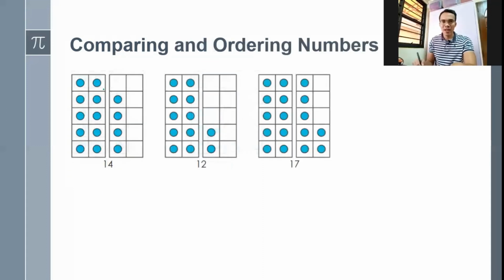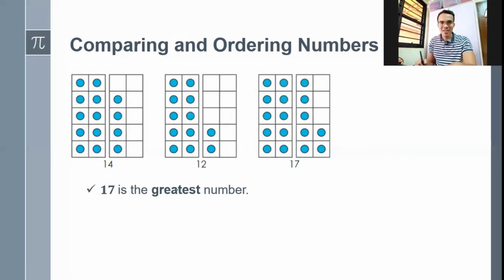And let's have our last example. We have numbers 14, 12, and 17. We can look at the counters in the 10 frame to compare these 3 numbers. Which do you think is the greatest number? If your answer is 17, you are correct. 17 is the greatest number.